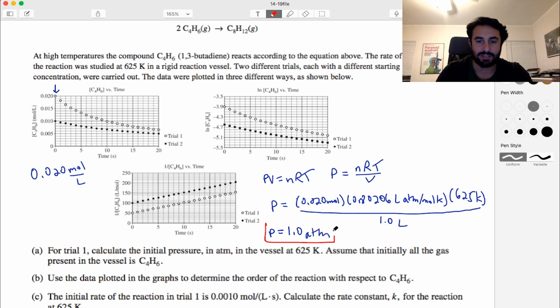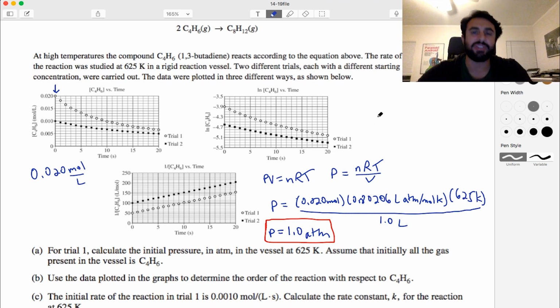So there is the initial pressure for trial one, which we got from the initial concentration. Now B: use the data plotted in the graphs to determine the order of the reaction with respect to the lone reactant here.